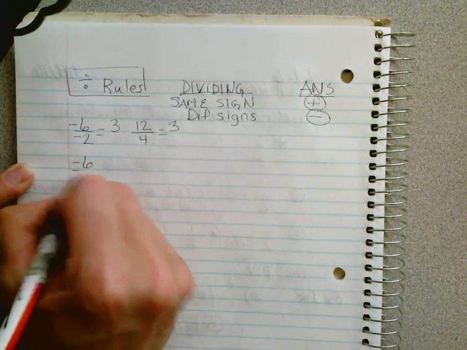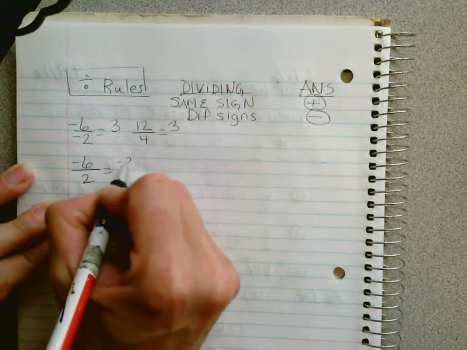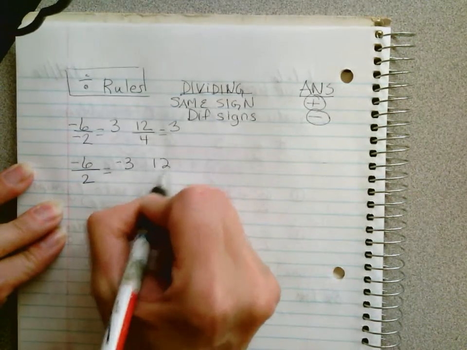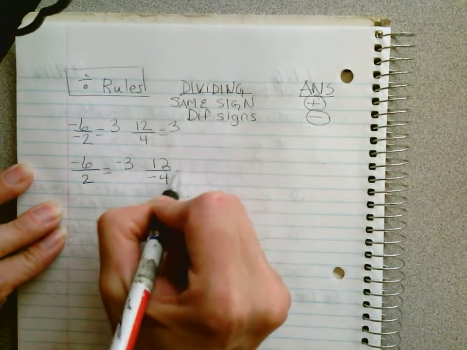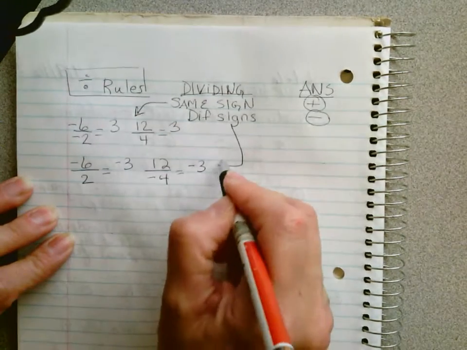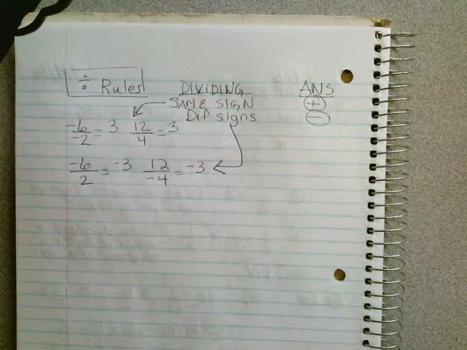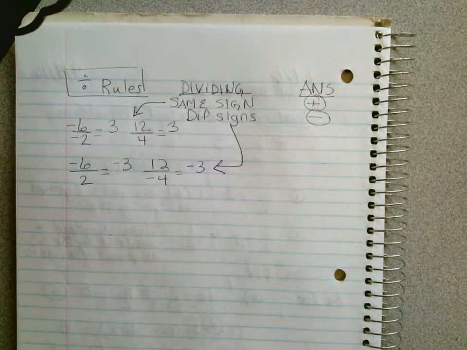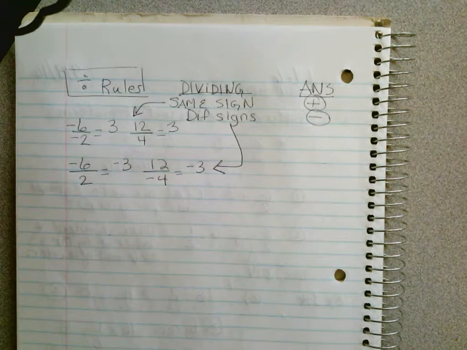So -6, +2, 12, -4. Okay, so same sign samples, different sign samples. Dividing same sign is a positive quotient. Dividing different signs is a negative quotient.